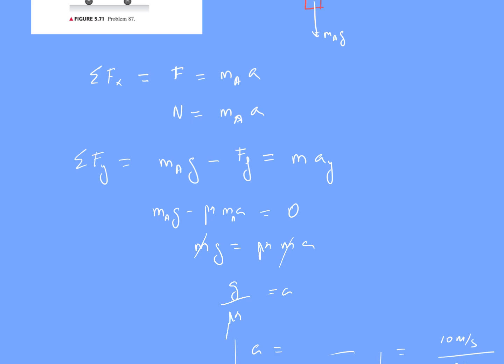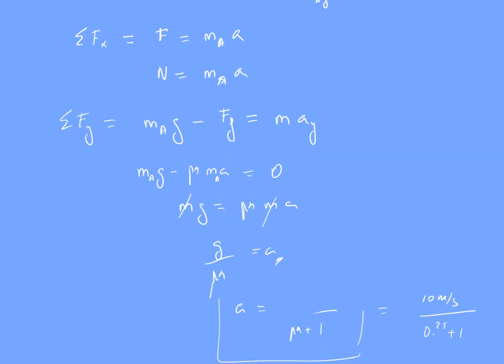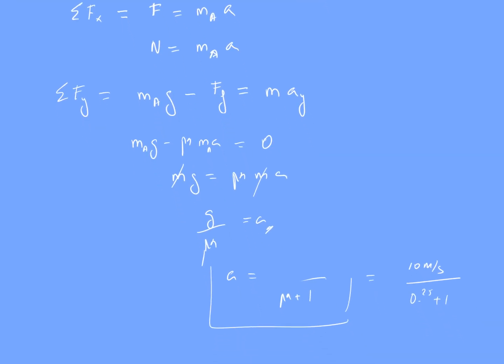So you need this acceleration to produce a friction force that will sustain the weight. We will produce an acceleration in the x direction, and with this acceleration you will produce a normal force big enough to sustain mg. So this is the acceleration.